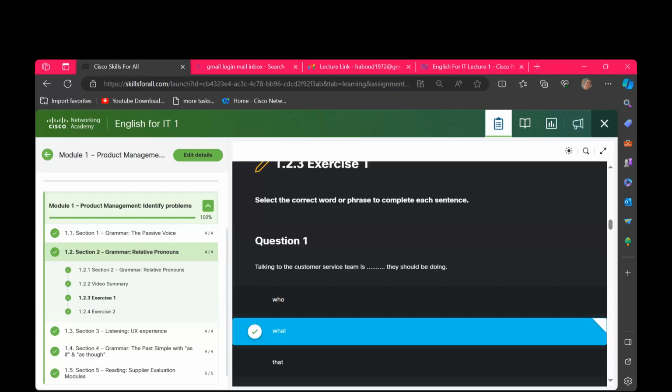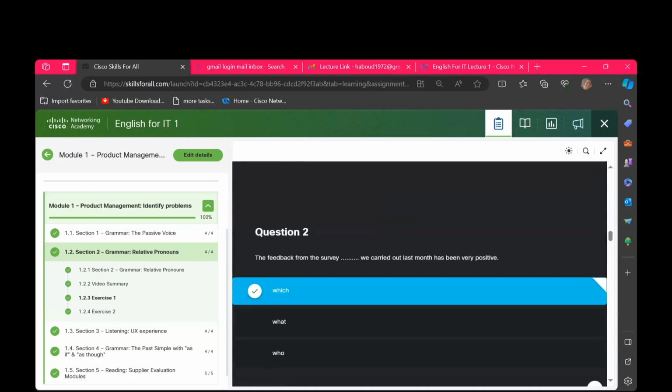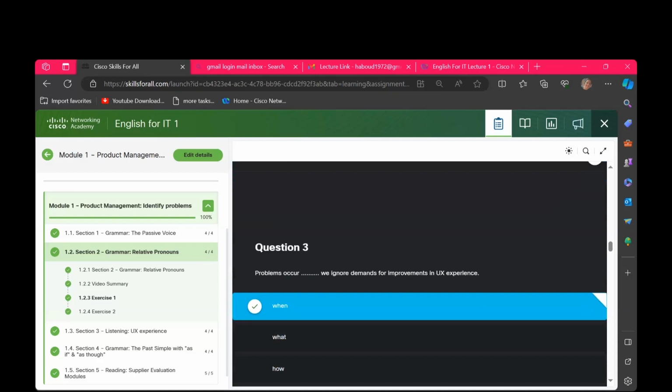Since I am talking about a thing, choose what. Okay. Question number 2. The feedback from the survey which, what or who we carried out last month has been very positive. Feedback here is an object, we are talking about a thing, so the correct answer is which.